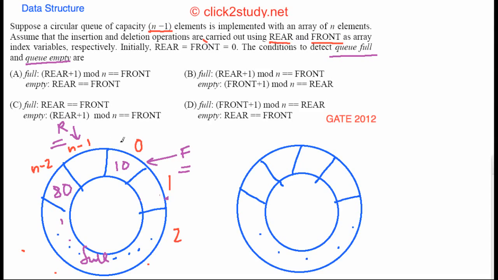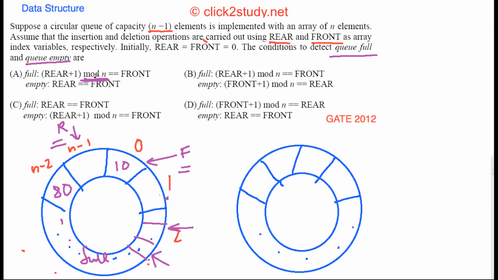So rear plus 1 should give me front, but since you are in a circular thing, this front might be out here. It might be the case that the front is here and your rear is here. You might have this situation, so you need this mod n out here.